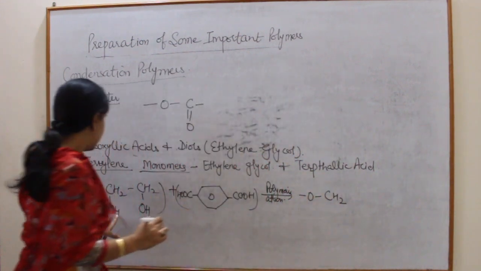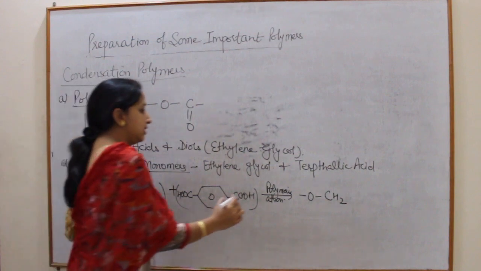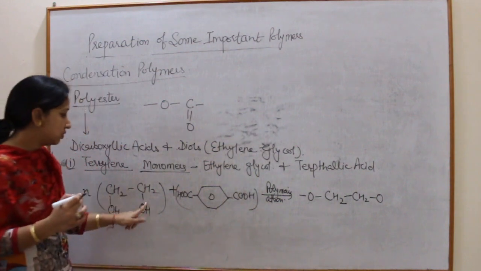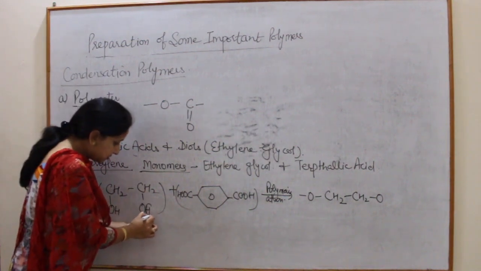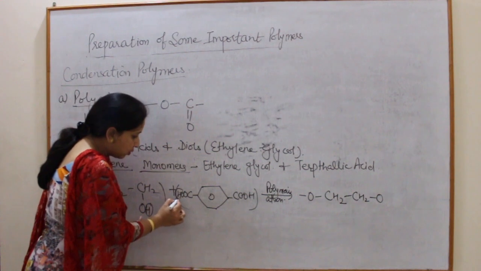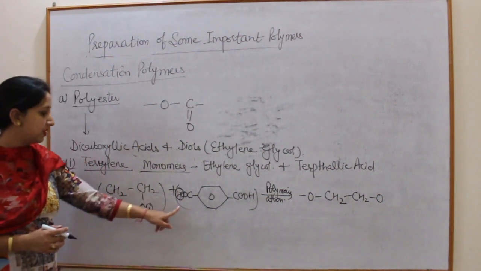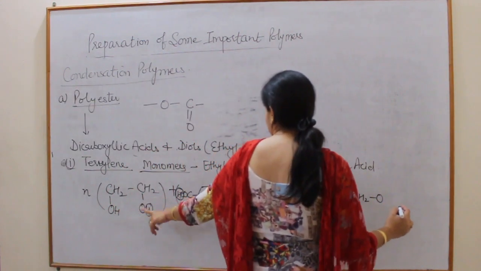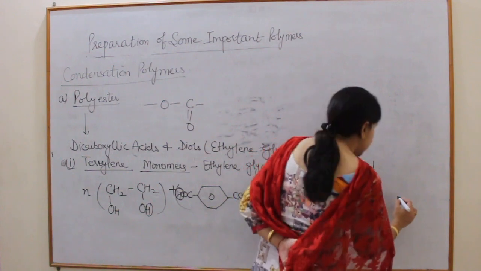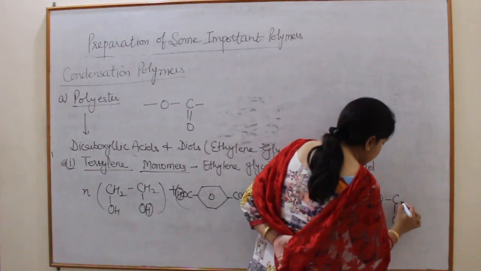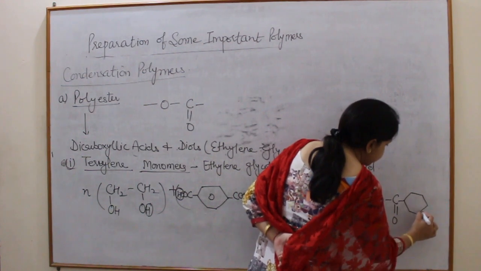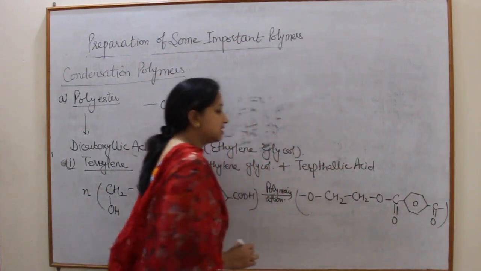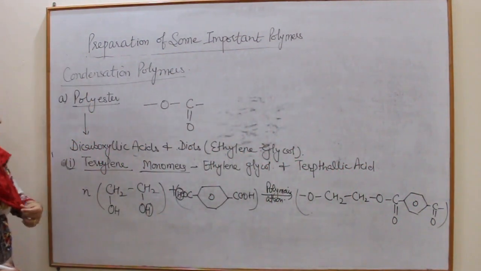CH2O, H from here, again CH2O, CH2O, H from this alcoholic group and OH from the carboxylic group will be lost as water molecule. So we will get CH2O, single bond CH2O, then C double bond O, benzene ring, and last again C double bond O. So this is basically your terylene fiber.